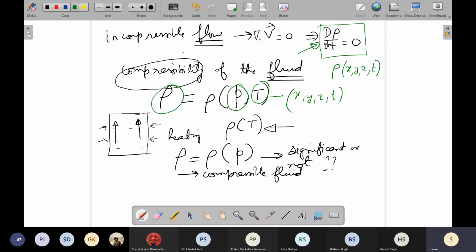Out of that, one specific possibility is that density is not a significantly varying function of pressure. That particular possibility is termed an incompressible fluid.